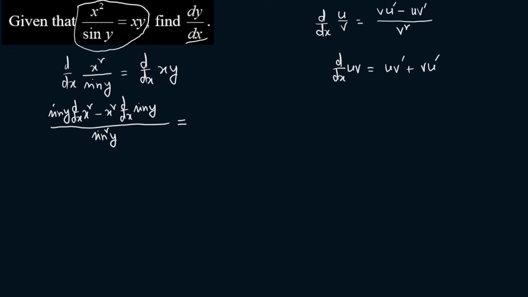On the right side, the product rule: x, then dy by dx, plus y into d by dx of x.